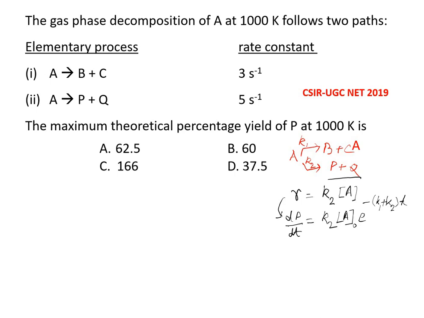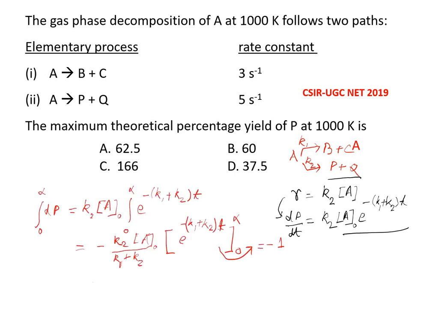Now rate K2 A. If you say overall rate of P, so dP/dt is actually K2 A. But since this mechanism shows that A can decompose through both paths, K1 and K2 both are important for decomposition of A. So A is A0 e to the power minus (K1 plus K2)t, right.